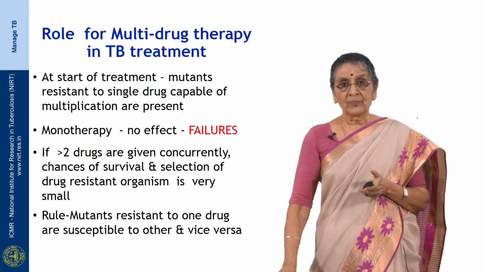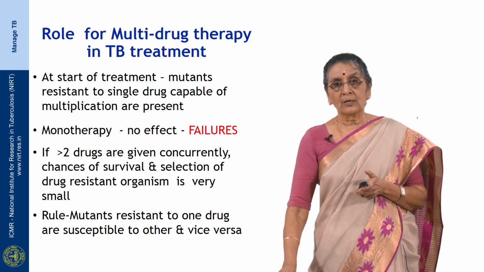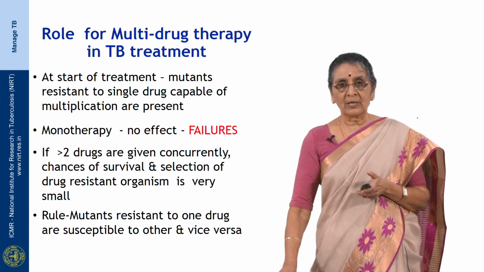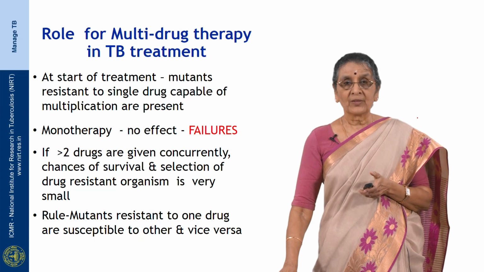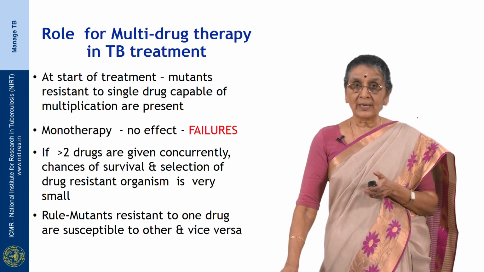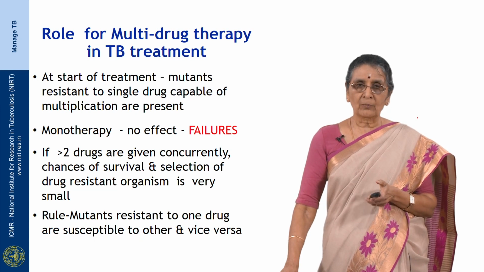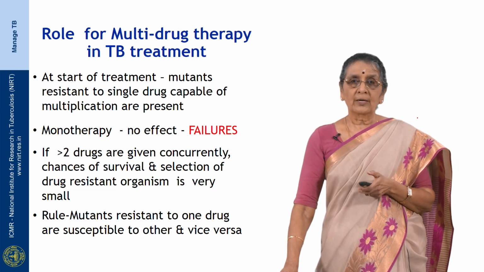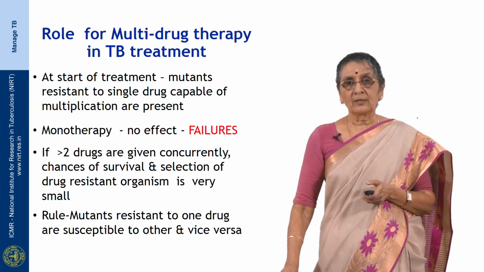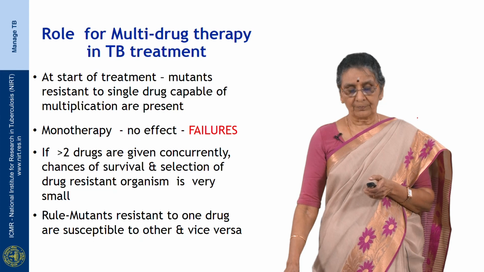The rule is that mutants resistant to one drug are susceptible to other drugs and vice versa. You use this principle in the treatment of tuberculosis, where you give multiple drugs, 4 drugs, with at least 2 bactericidal drugs in that combination, to achieve a kill of all the bacteria at the start of treatment. Thank you.